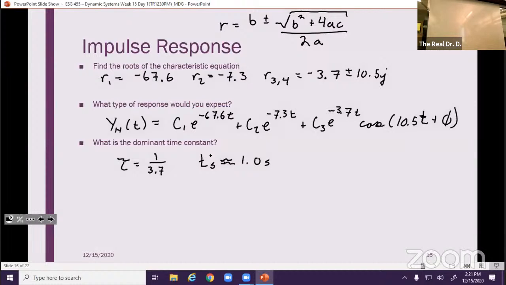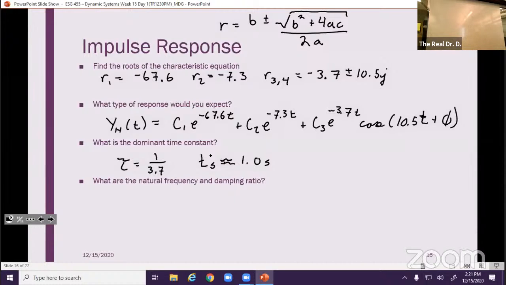Since we're doing this in Simulink, it doesn't matter, but this is just tying in all the things. We can ignore the C1 term and the C2 term and just use the C3 term, and find approximately what the natural frequency and the damping ratio are for this system. How do we do it?